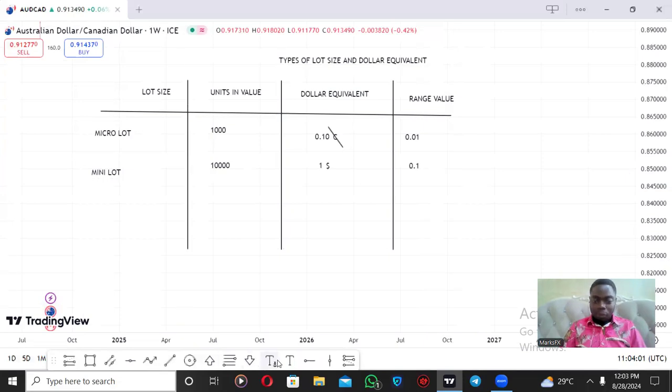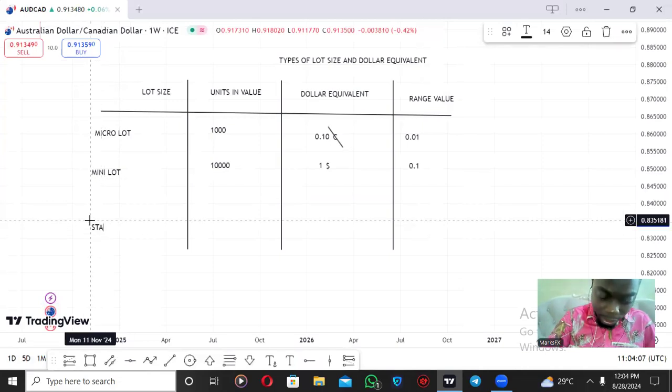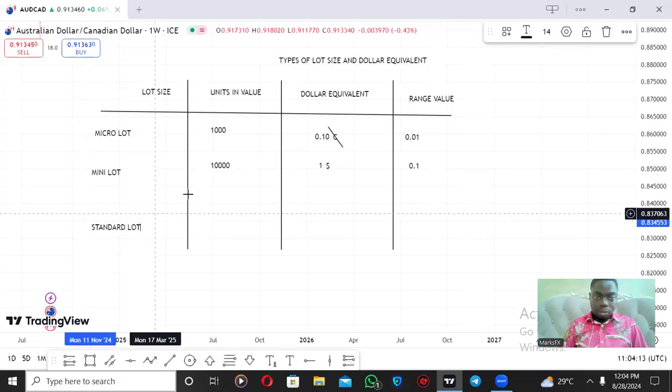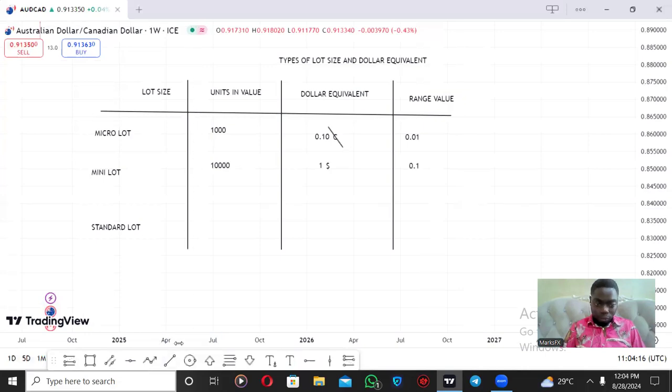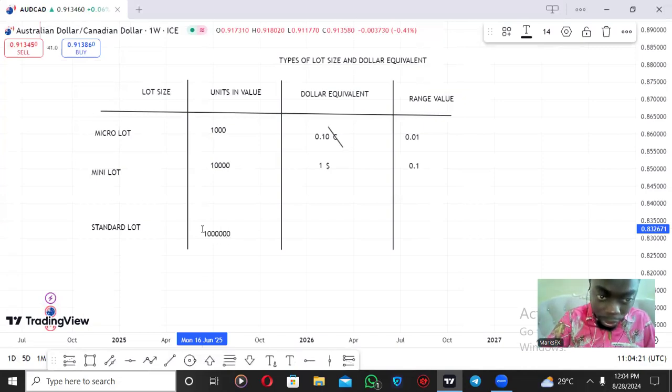The last type of lot size which I'm interested in is the standard lot. Pay attention now, because it is where I want to start. The standard lot gives you 100,000 units, 100K.